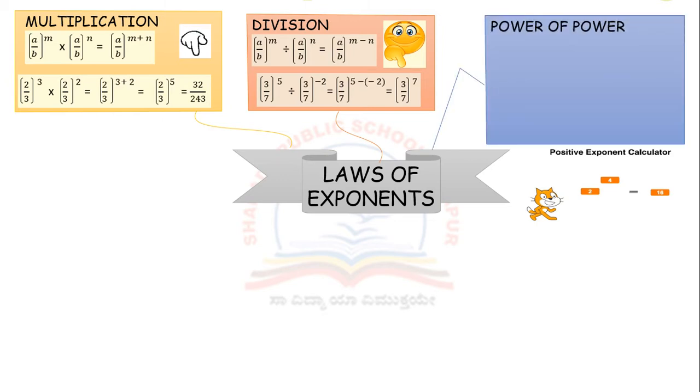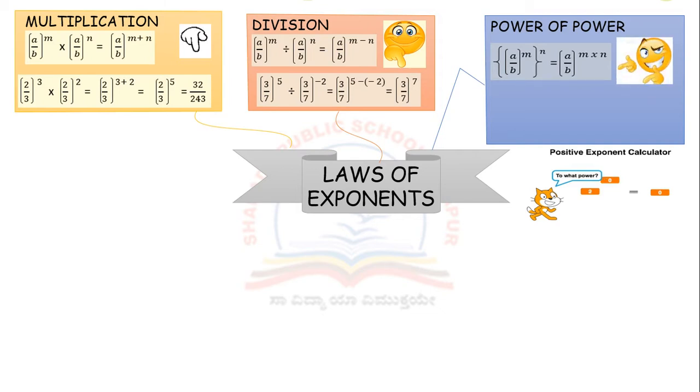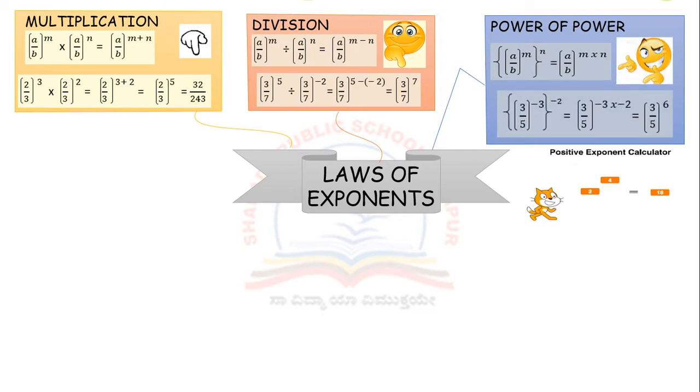Power of power rule. A by b to the power m to the whole power n is equal to a by b to the power m into n. Example, 3 by 5 to the power minus 3 to the power minus 2 is equal to 3 by 5 to the power minus 3 into minus 2, that is equal to 3 by 5 to the power 6.